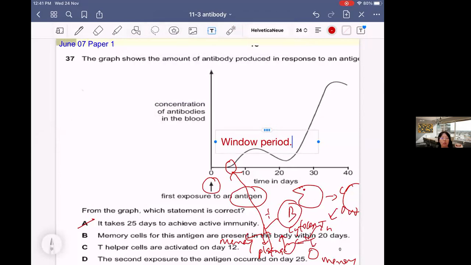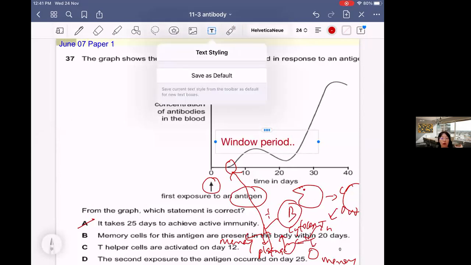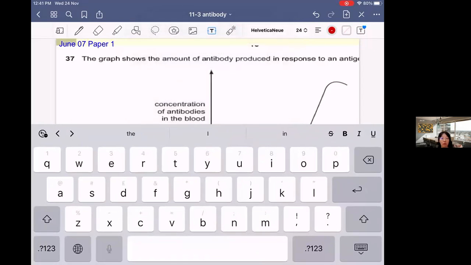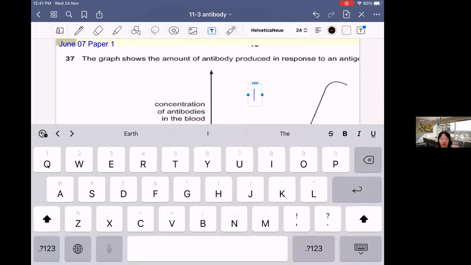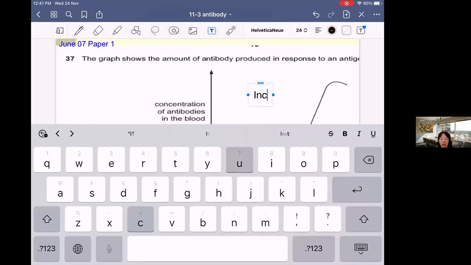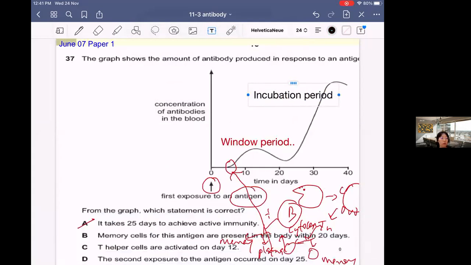So what is incubation period? How is it different? Incubation period is totally different from window period. Can you tell me what incubation period is? Let me call someone to answer. Vana, what is incubation period?